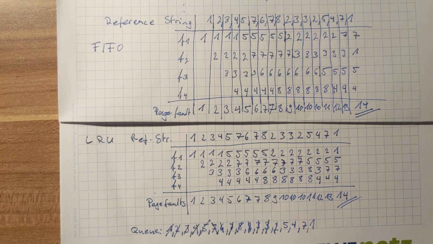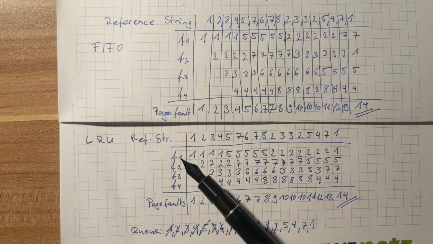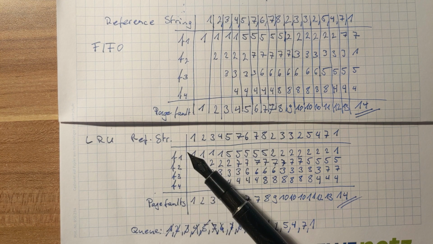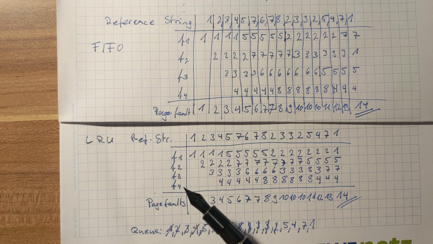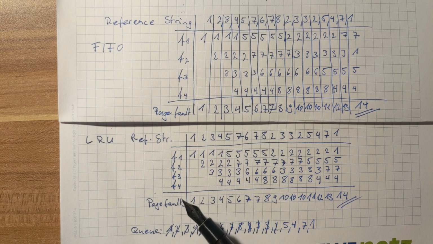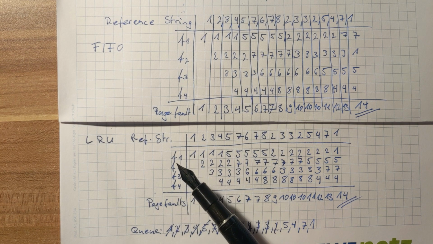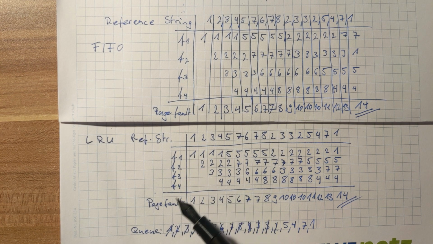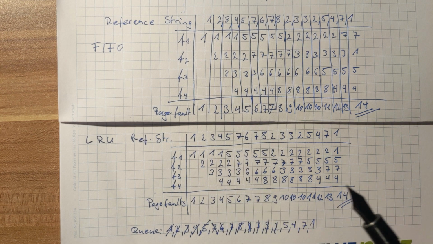Oh, and one thing additionally, here I'm counting from frame 1 to 4 from top to bottom. It might be that when you are given a table or when you see how other people do that, they start from the other direction. So frame 1 will be the lowest and then they go up to frame 4, or they start with frame 0 counting.